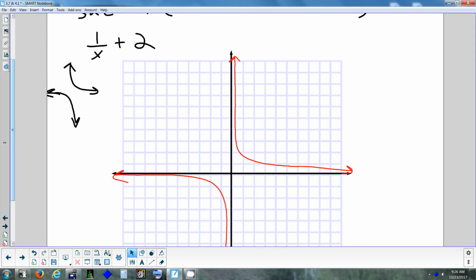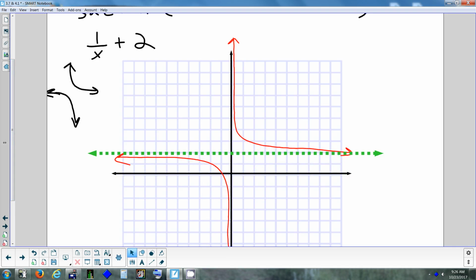So now, if you were sketching this with a +2, your asymptote would normally be right on the x-axis. Well, that's going to go up 2. The lower branch goes up 2. And the upper branch goes up 2. So all the stuff we learned about transformation, shifting them up, down, left, right, everything still applies.